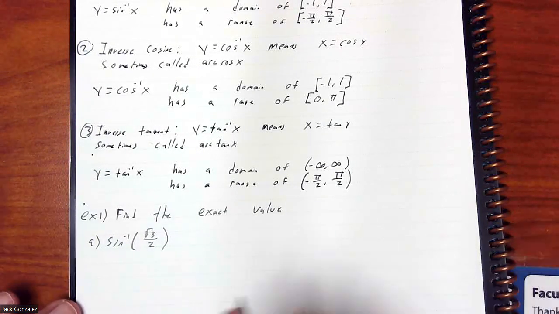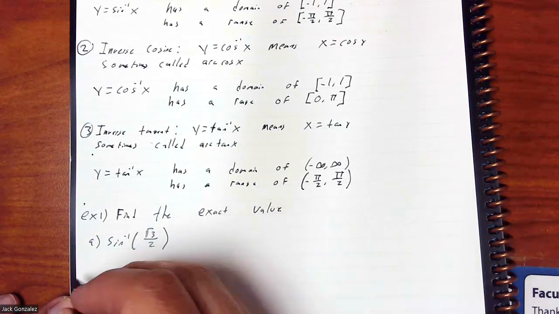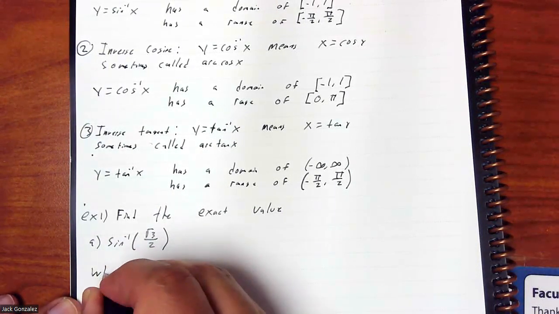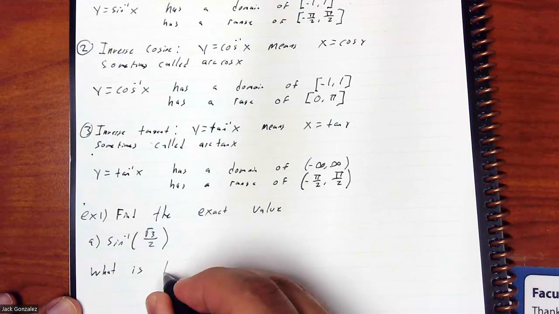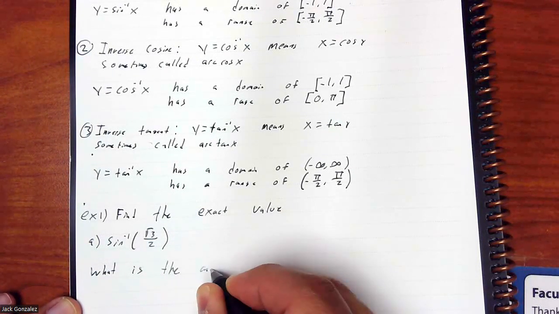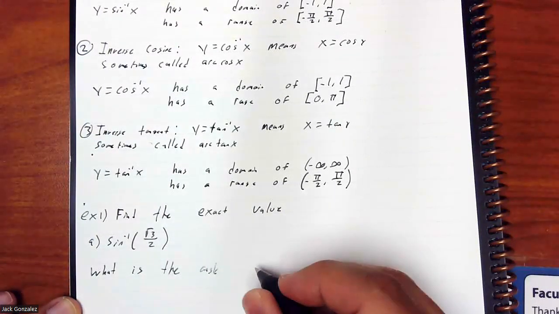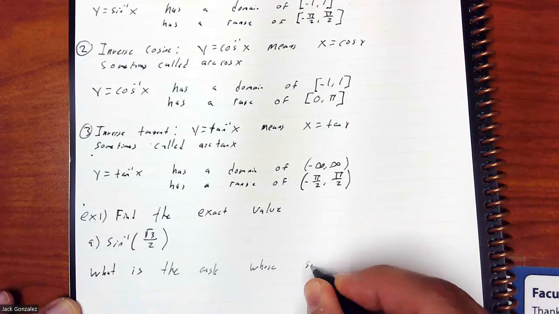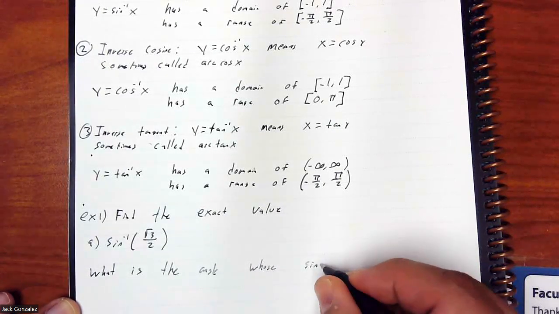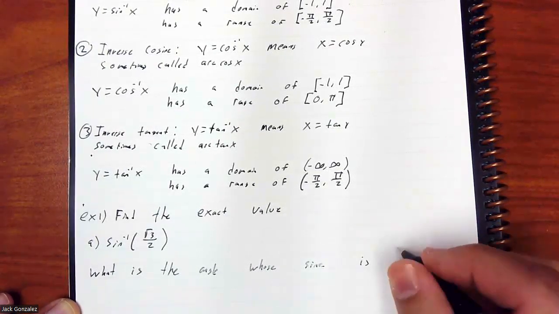So what this is asking, in plain English, is: what is the angle whose sine is square root 3 over 2?